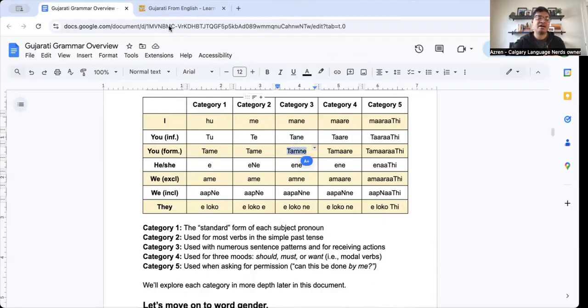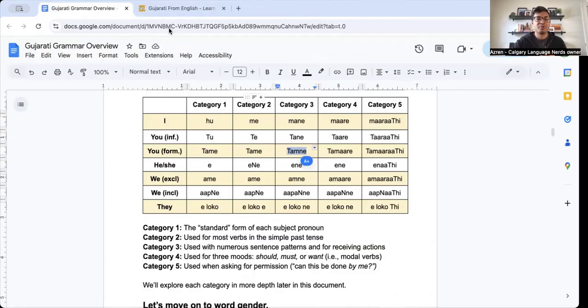If I wrote you a letter, you're receiving the action of receiving a letter, so I'm going to use tamne or tane in that example. So category 3 is for receiving actions. We also have some set sentence patterns that just work with those category 3 subject pronouns.